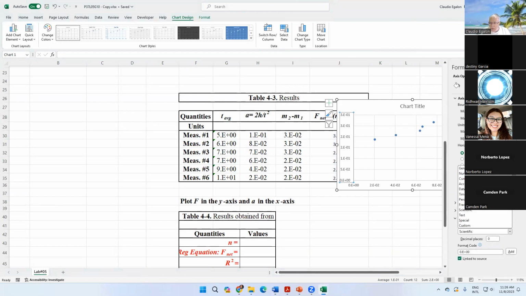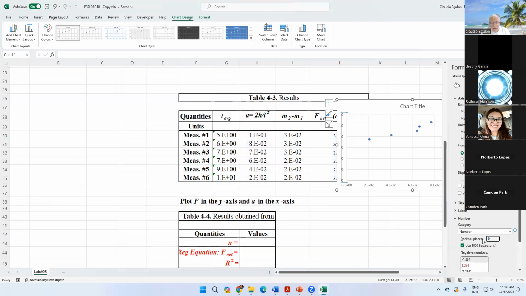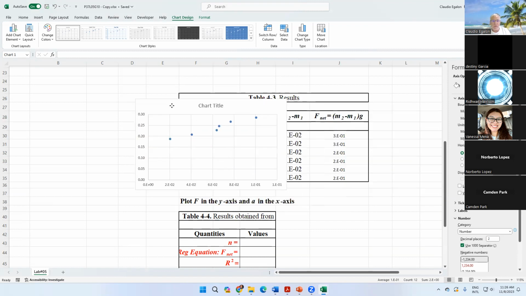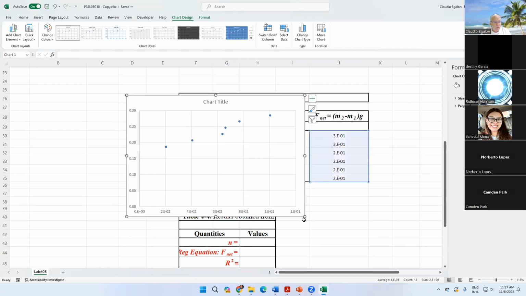I'm going to put it in numeric format. Let's see how many decimal places I need. 4. I don't need 4. I need less than 4. I need only 2 decimal places here. Okay, so that's my graph, but there's more to it. I can optimize this space.